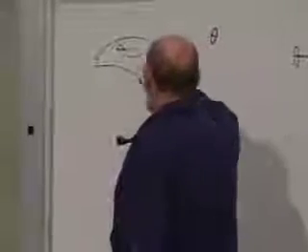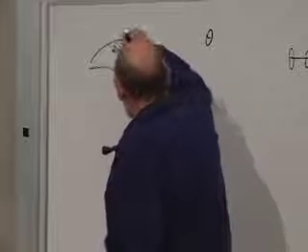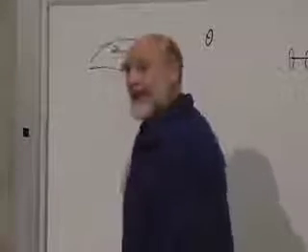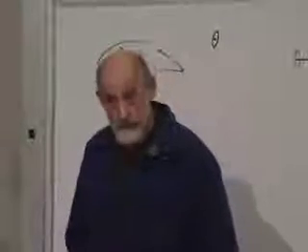So for example, if we go around counterclockwise and the vector, as it's transported around the curve, gets deflected in the counterclockwise direction, counterclockwise excursion produces counterclockwise rotation, then we say that the curvature is positive.